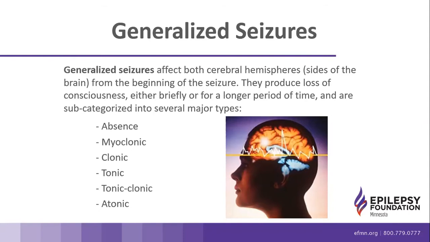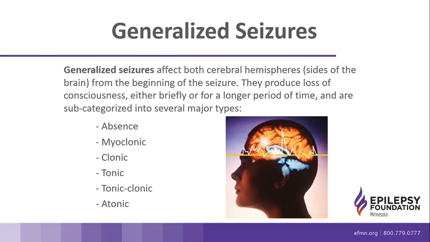As you look at this list, we are going to talk about absence and tonic-clonic, but know that these other seizure types do exist. Atonic seizures, just a small note on them. Atonic means loss of muscle tone. It's a sudden loss of all muscle tone, and they hit the floor or they go down.